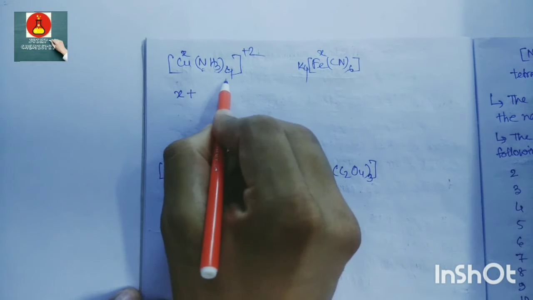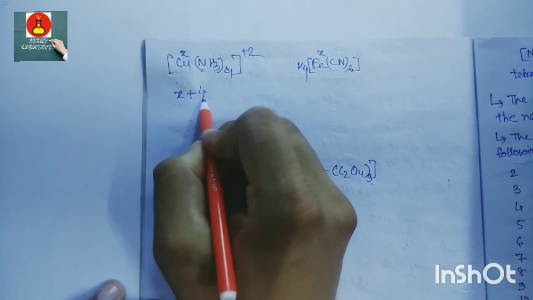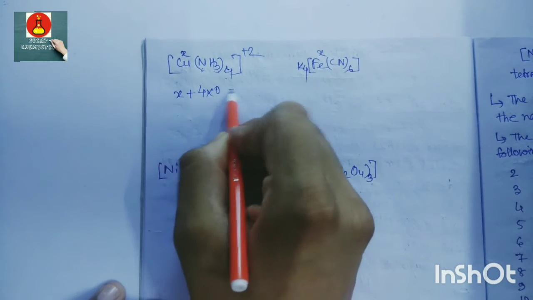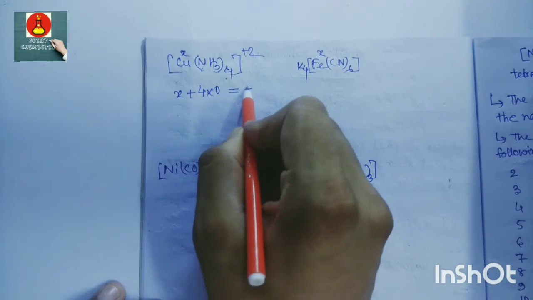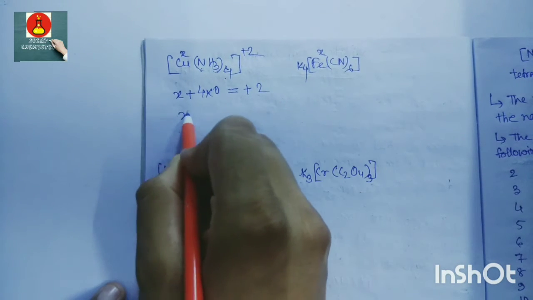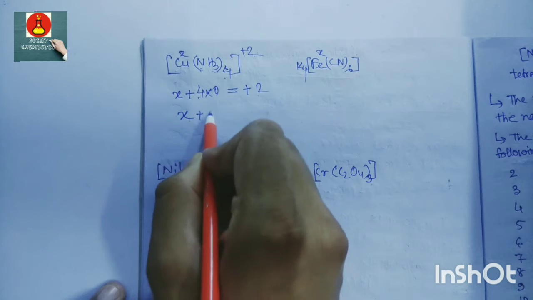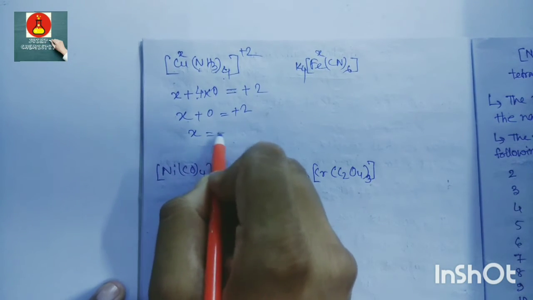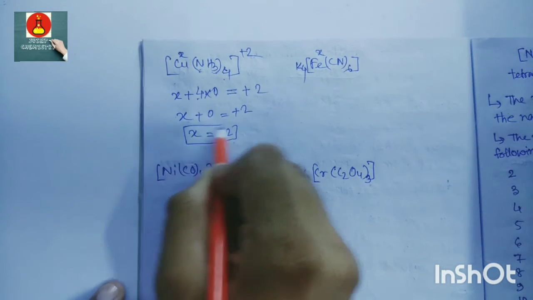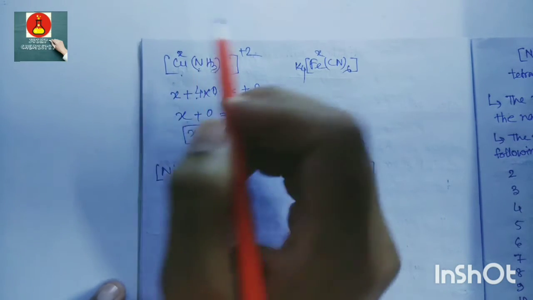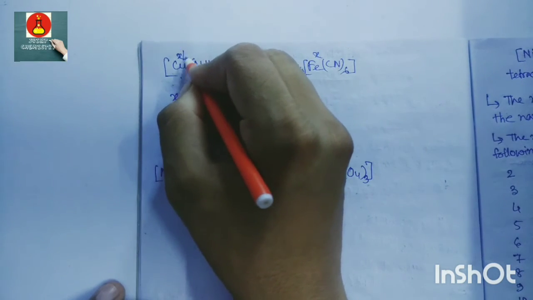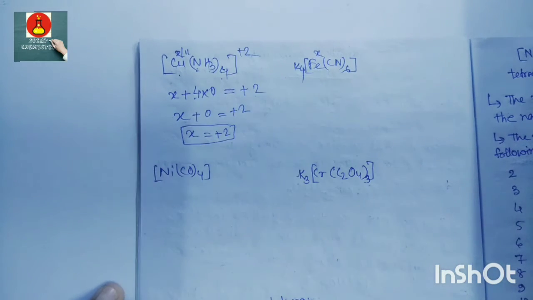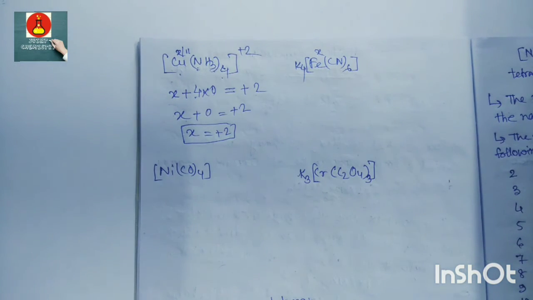There are 4 ammonia, so 4 into 0 is equal to the charge of the complex ion, which is +2. So x plus 4 into 0 means 0 is equal to +2. So x is equal to +2, right? So the charge of this copper is 2. We will write it this way in Roman numerals, II.